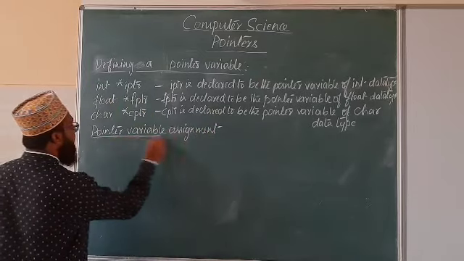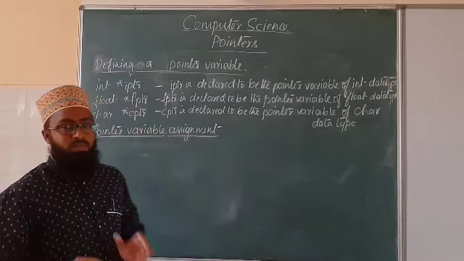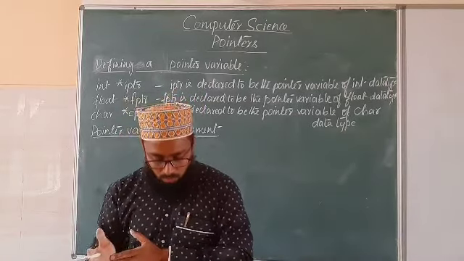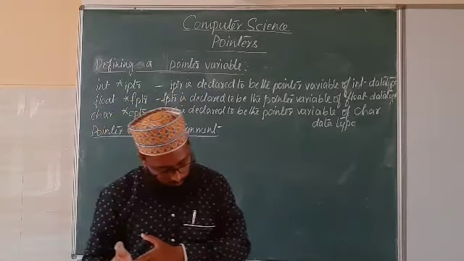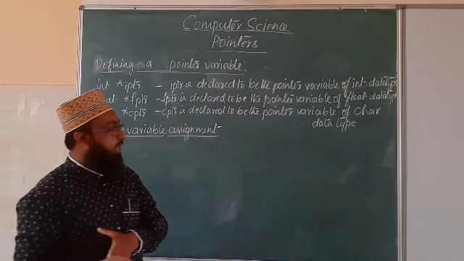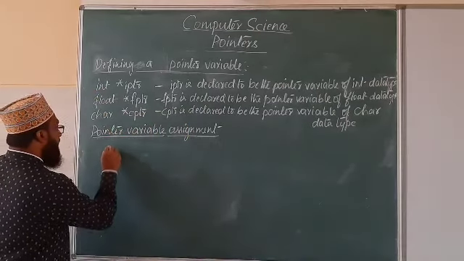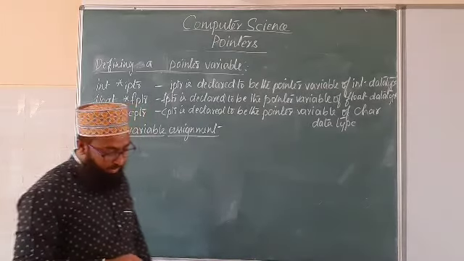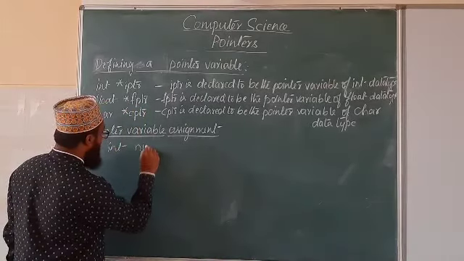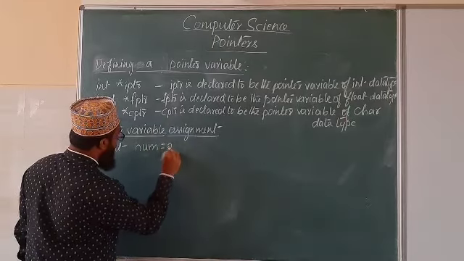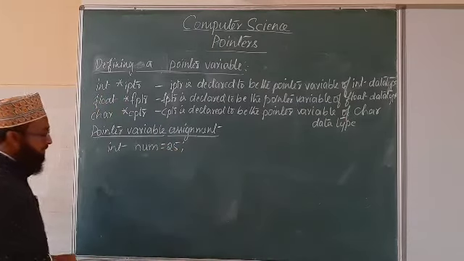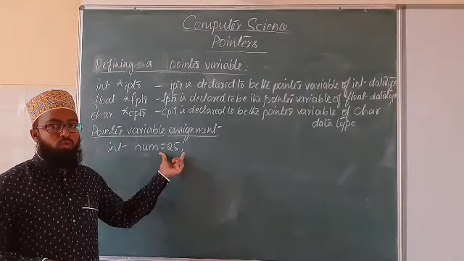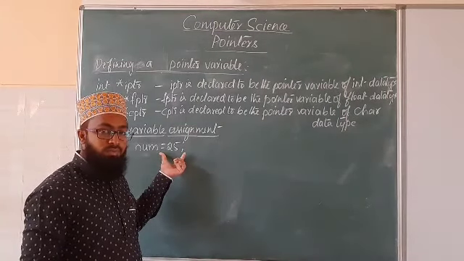How can we assign a pointer variable? Assigning means a given value is to be assigned to the pointer. Take an integer variable num which has the value 25, and we need to assign this value to a pointer variable.